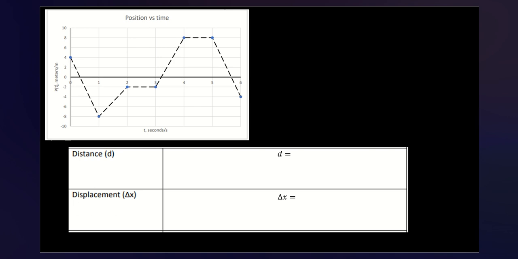One thing that we're going to look at firstly is, of course, distance and displacement. Distance is going to be our scalar for position, whereas displacement will be the vector. Therefore, for distance, we need to keep track of the fact that we will not have negative signs.